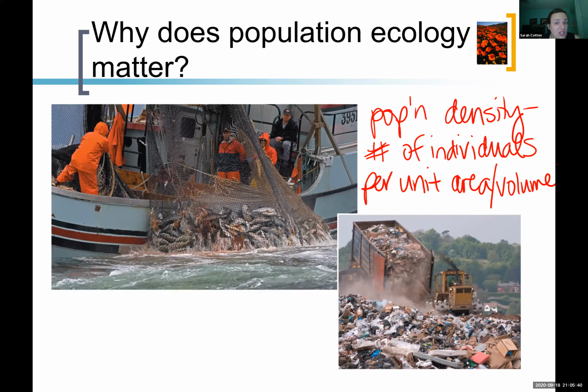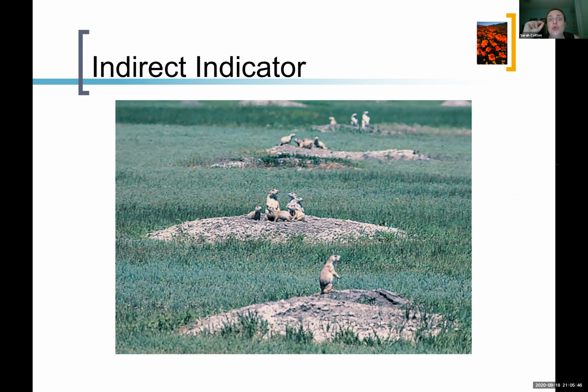How do we quantify population density? Usually, the vast majority of the time, we do not count population density by literally counting every individual. Okay? There's a variety of reasons why. One is it's hugely impractical and it's a waste of time, right?